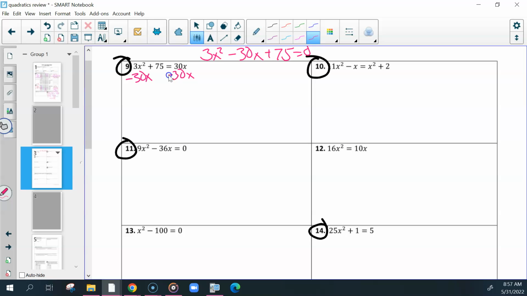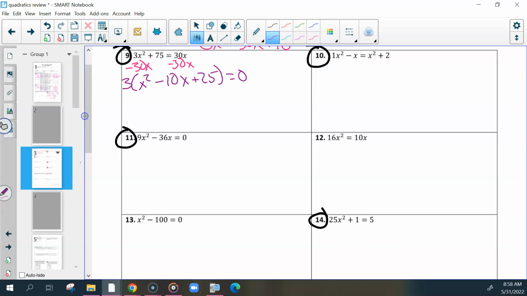Yes, this does have a GCF of 3. So we could divide that out. If we divide 3 out of everything, what would be left? And then we're looking for what?